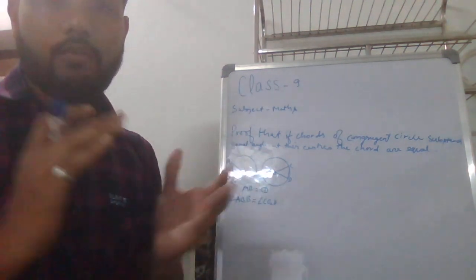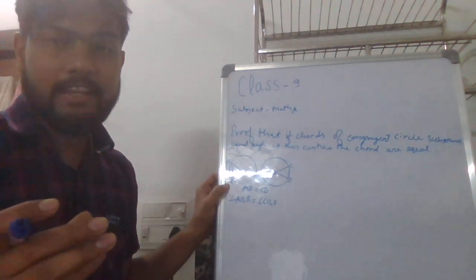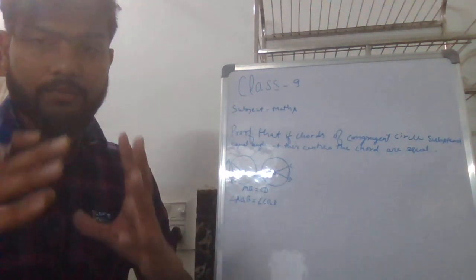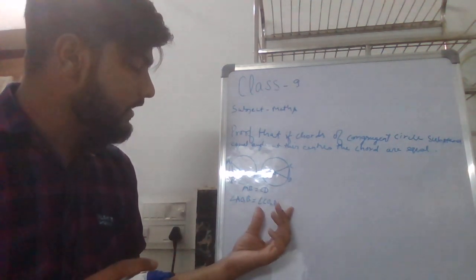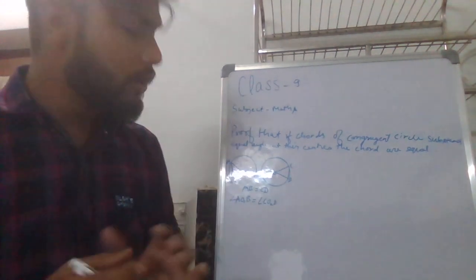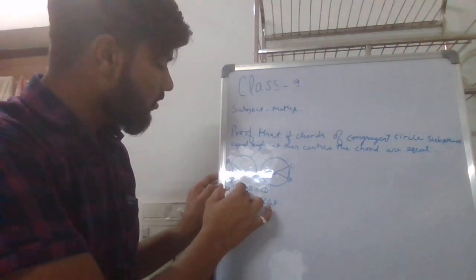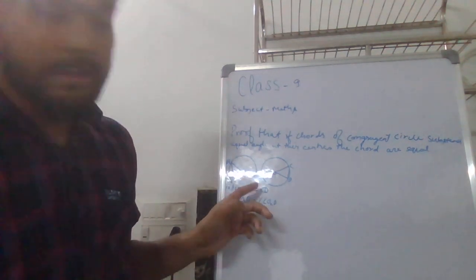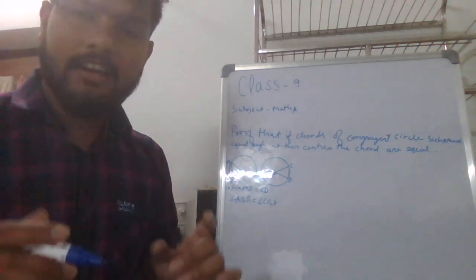So for that we know that the given is two circles of same radii, triangle AO1B is equal to triangle CO2D. Okay, so what we need to prove here, we need to prove AB equal to CD. Okay, so now you consider the triangle.